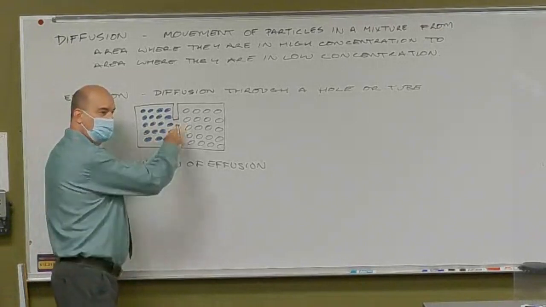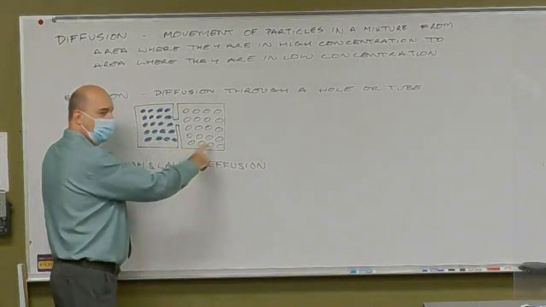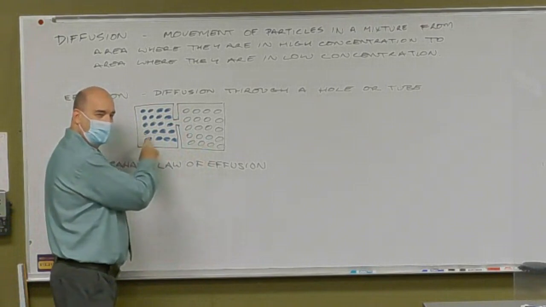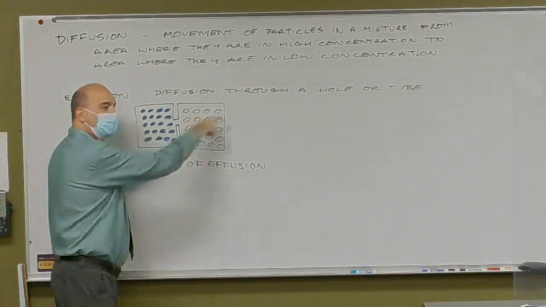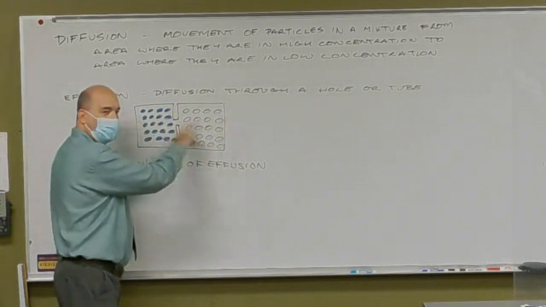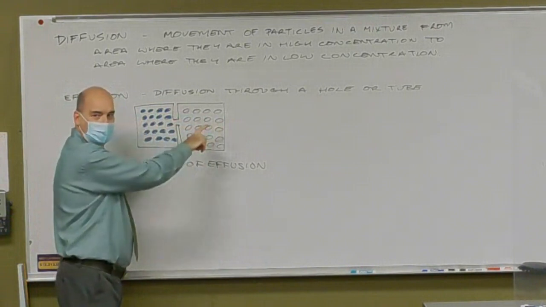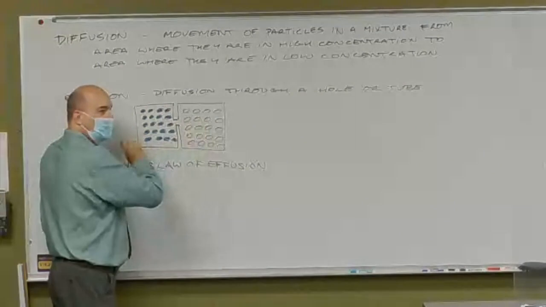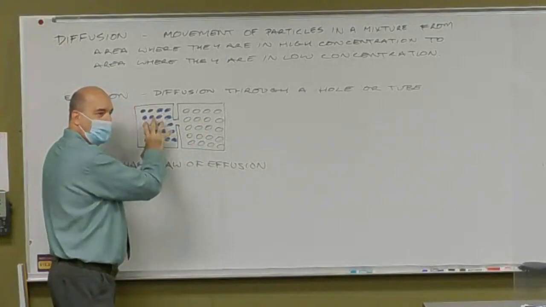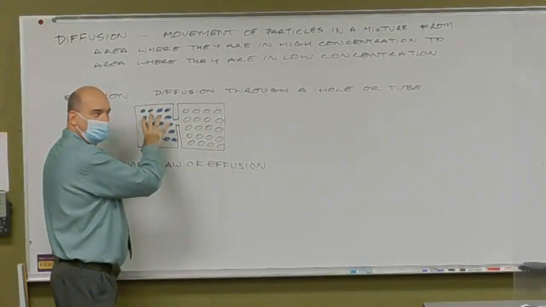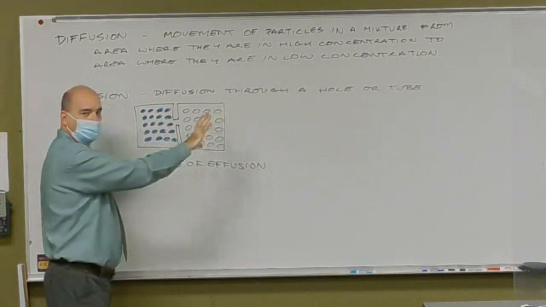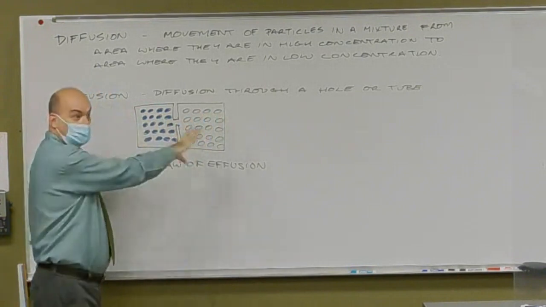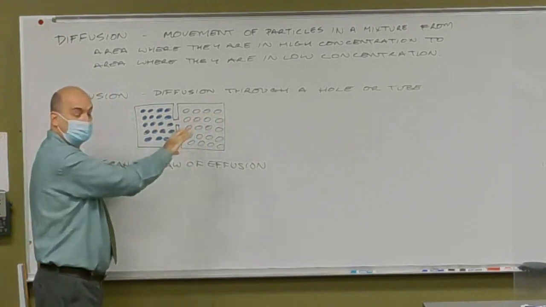So the light gases are moving faster than the heavy gases, which means the light gases are going to be going through the hole most frequently. And when these two things have to mix, it's going to be the light gases that are responsible for that, because they're the ones that are going to get through the hole first.